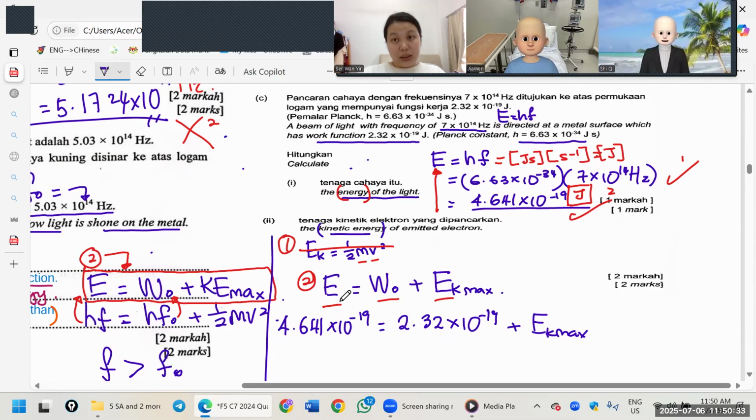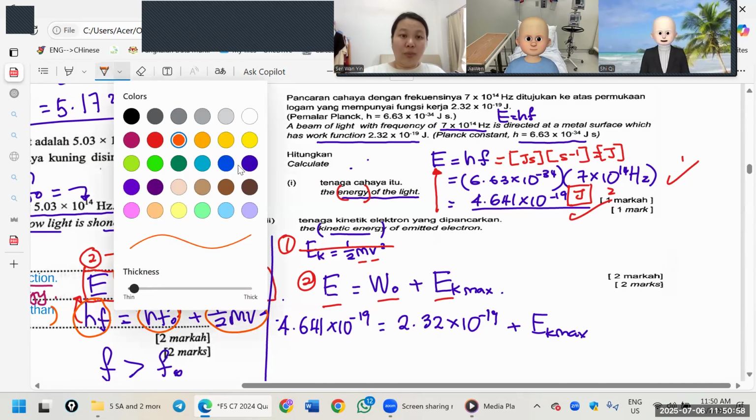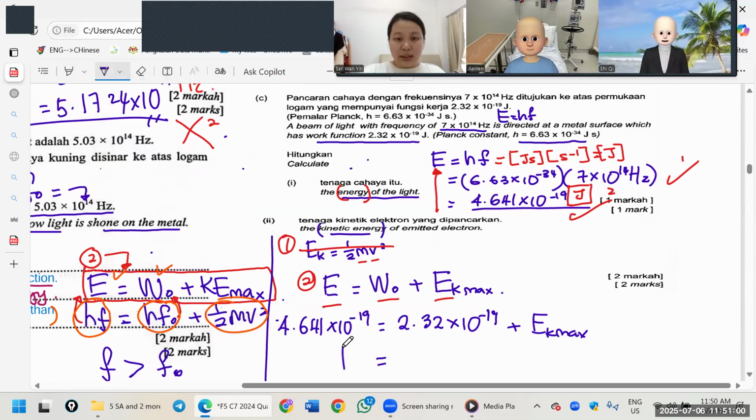Any photon, work function, kinetic energy, all got two ways. You can directly use their original formula, or if they give the other two, you can substitute and just do the simple operation. Okay, so now what is your EK max?